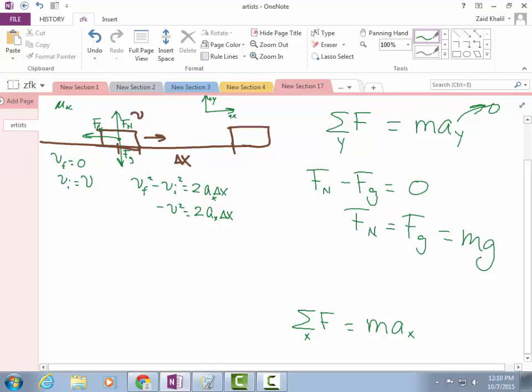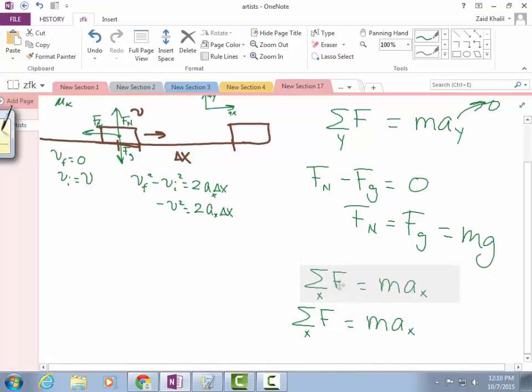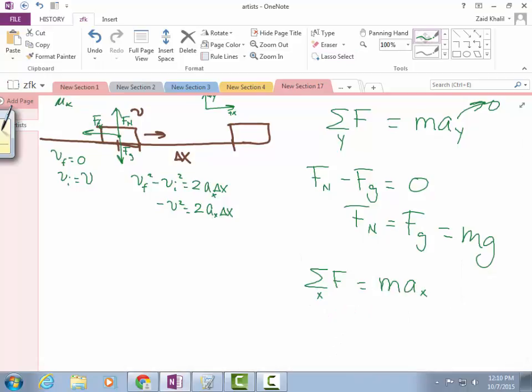Then do the x direction. What's the net force in the x direction? Say it like you mean it. Negative Ffk.